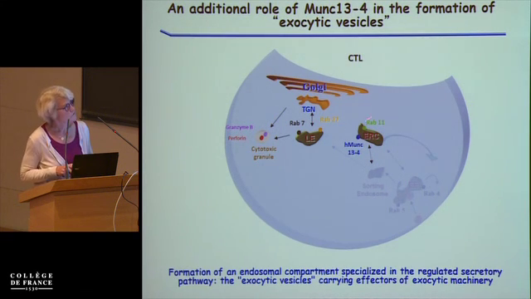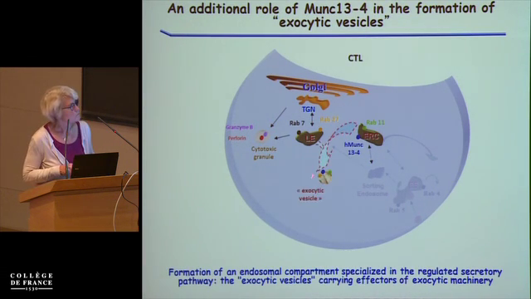And thanks to a second role of MUNC13-4, upstream of its function as a priming factor at the immunological synapse, there is a formation of a small endosomal compartment which is specialized in the regulated secretory pathway, and that we call exocytic vesicles, since they carry effectors of lytic granule exocytosis.